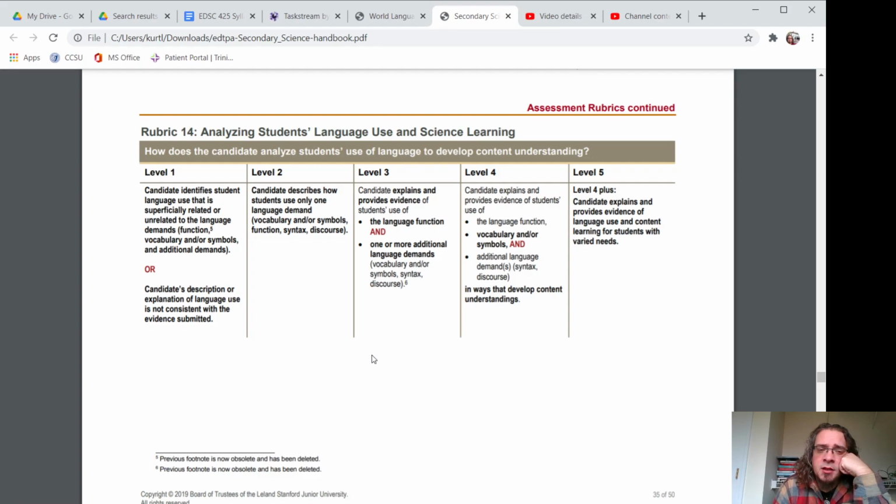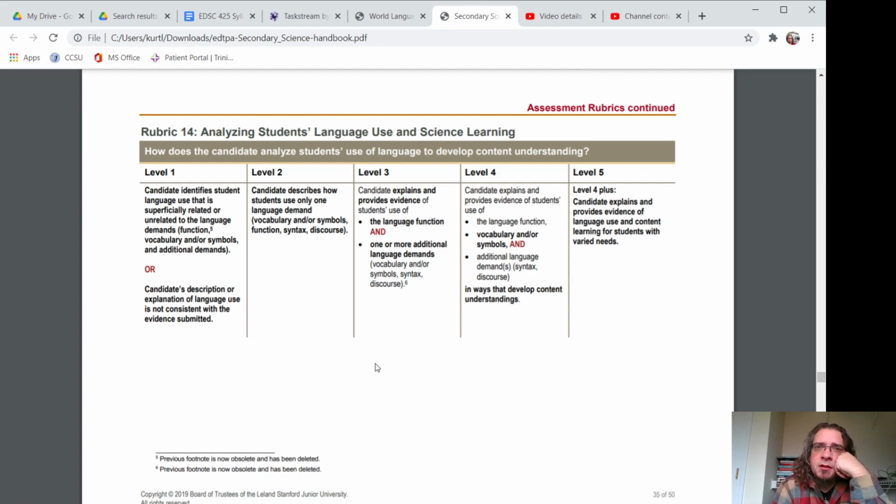There is a discussion to be had real quick about syntax and discourse. This comes up in previous rubrics and task 1 and 2, 1, whichever. In any case, what's the argument here, or what's the understanding? Vocabulary is obvious, right? Symbols is also obvious, especially in things like math. Syntax is not the same as discourse.